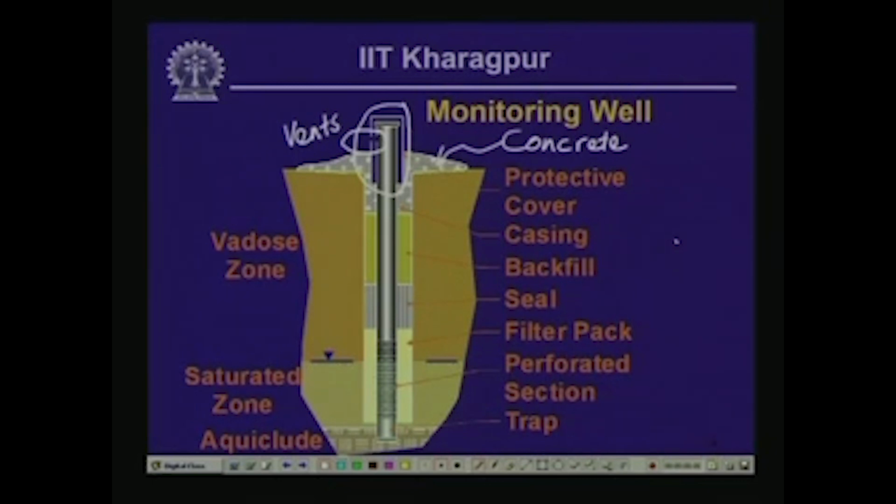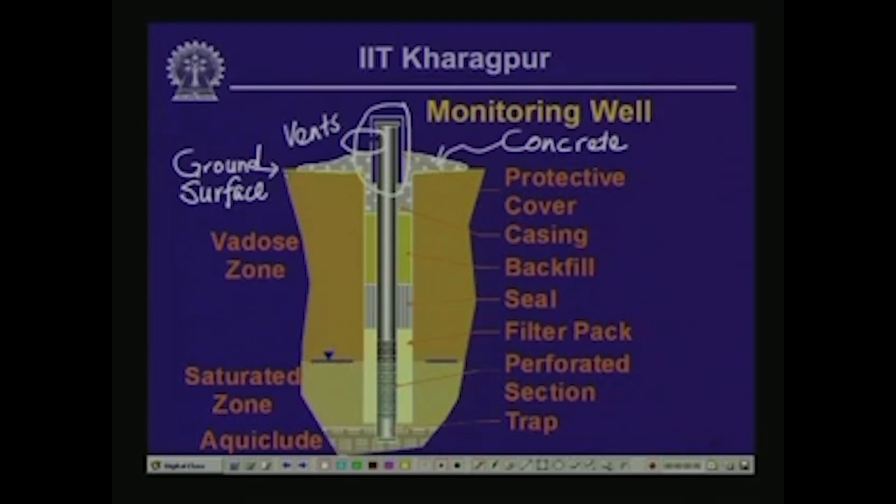Okay. What you see here is that there is a vadose zone, or unsaturated, partially saturated zone near the surface. So, ground surface in this case is here. Underneath the ground surface is a partially saturated vadose zone.